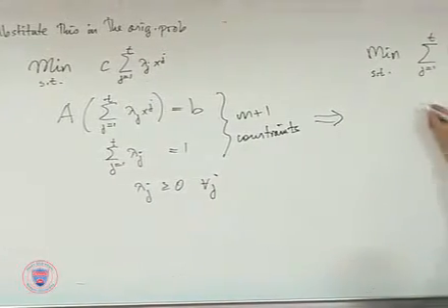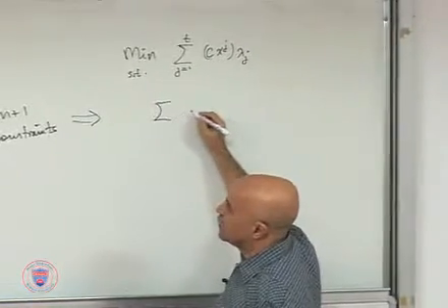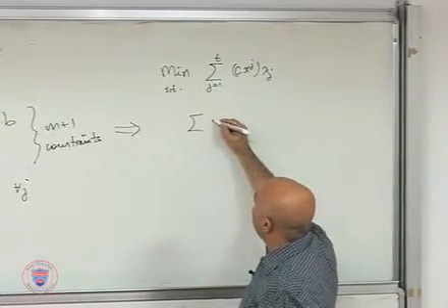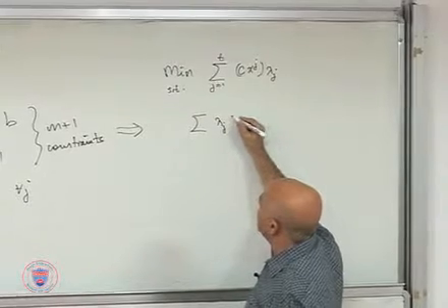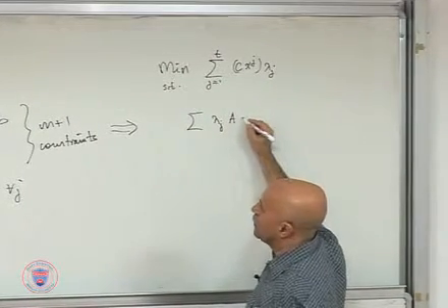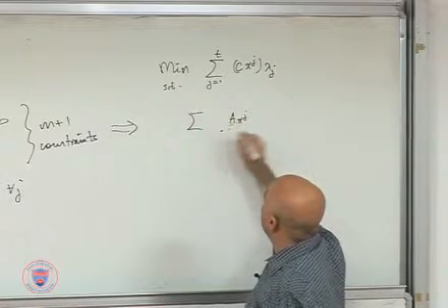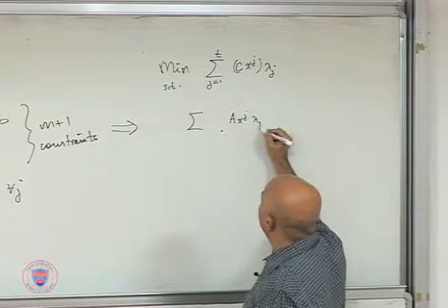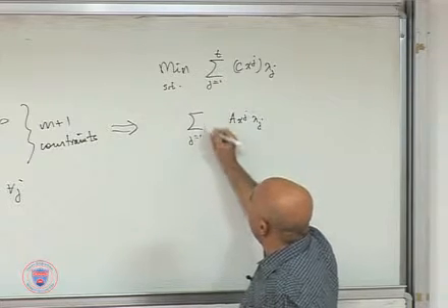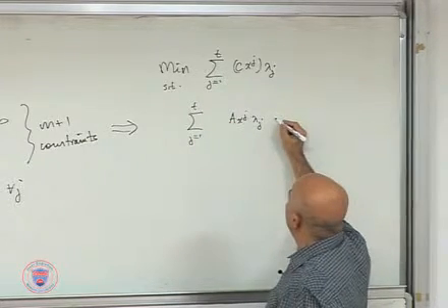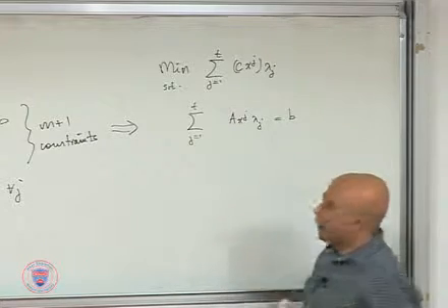It will be the sum of lambda j times A xj, j going from 1 to t, equals b.